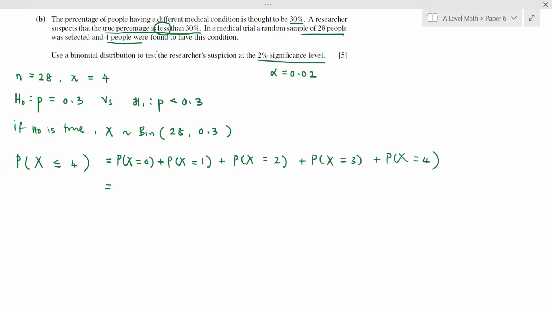This is painful. Now we use the PDF for binomial. That is 28C0, 0.3 to the 0, 0.7 to the 28, plus 28C1, 0.3 to the 1, 0.7 to the 27.